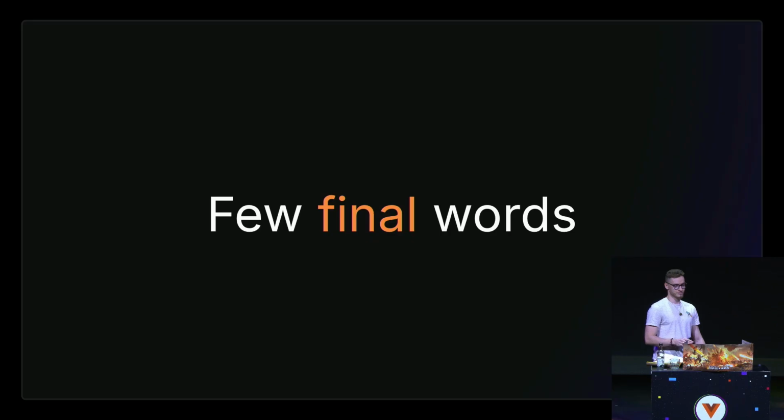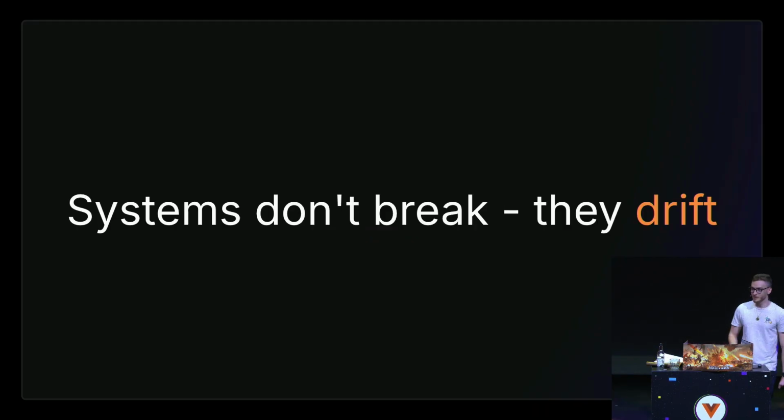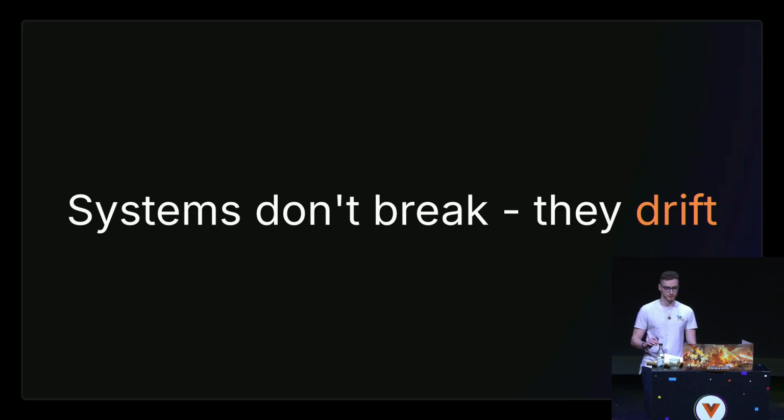A few final words. We are closing. Systems don't break, they drift. There is a term in architecture called architectural drift, which basically means that it's not about a single PR that makes the architecture worse. It's about those small ones that we are adding constantly because we don't care, we don't have time, we don't focus enough.